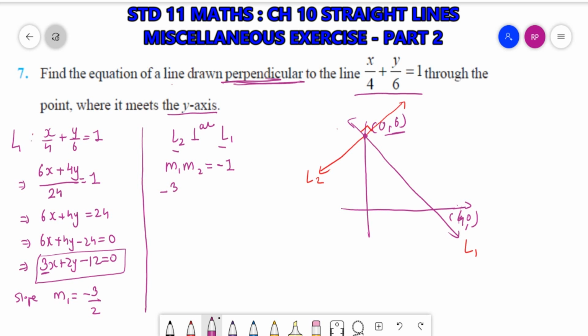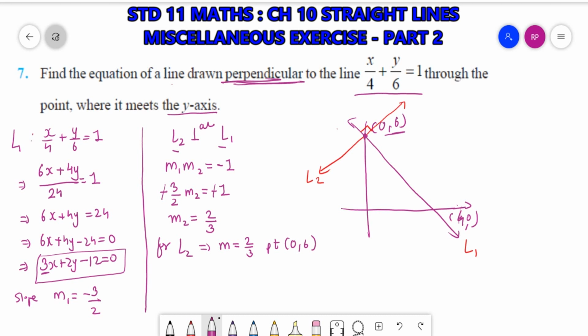M1, that is minus 3 by 2, into M2 is equal to minus 1. Minus minus gets cancelled. M2 is equal to 2 by 3. Now for L2, slope is equal to 2 by 3 and point (0, 6).